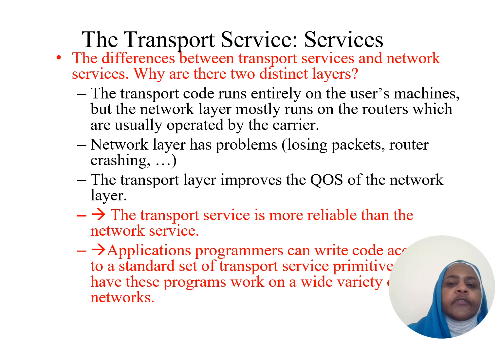The transport services are more reliable than network services, and application programmers can write code according to the standard of transport layer primitives. These programs can be run on top of different networks without any regard to the type of network that the program is running on.